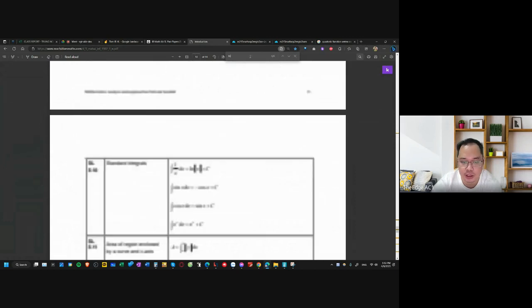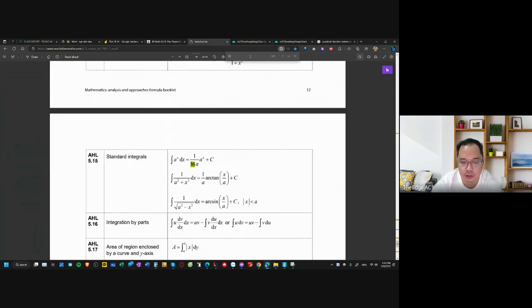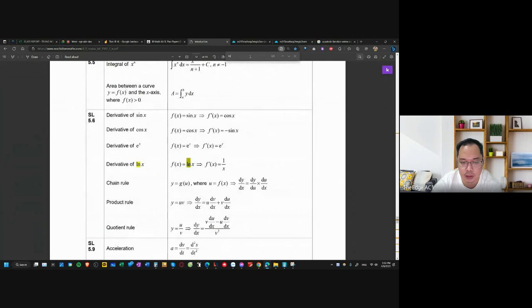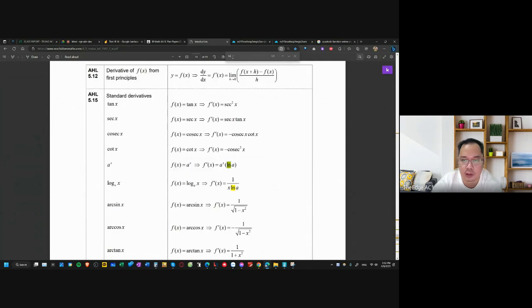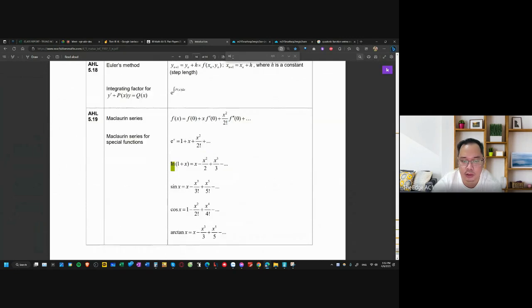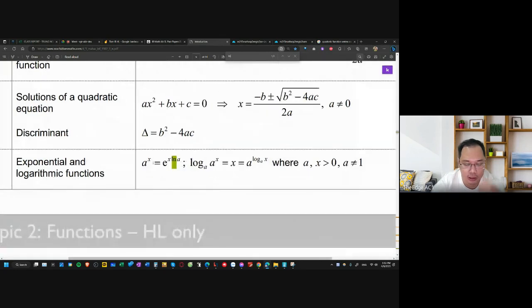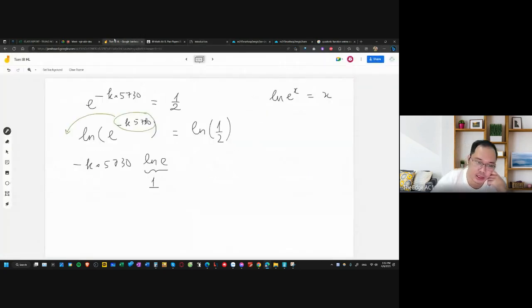We only have this formula. Anyway, remember that when we take ln of a function, we can bring the index, the power, to the front of the function. ln of a power x is equal to x times ln a. Or you can use this formula.